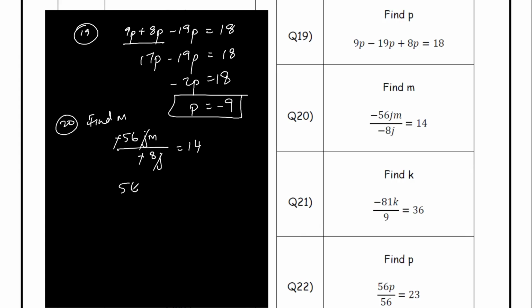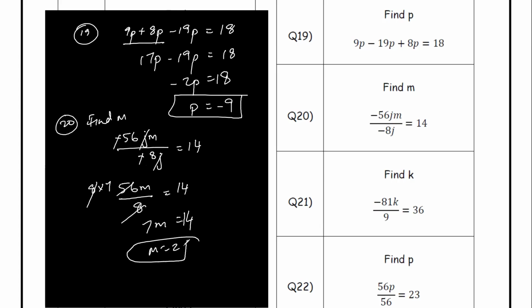So I write down neatly again 56m upon 8 is equal to 14. 8 goes into 56 7 times. 8 times 7. 8 goes, you got 7m is equal to 14. And therefore m is equal to 2. Easy peasy. Got it?